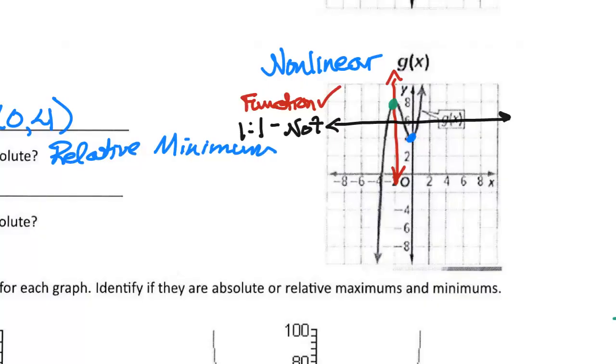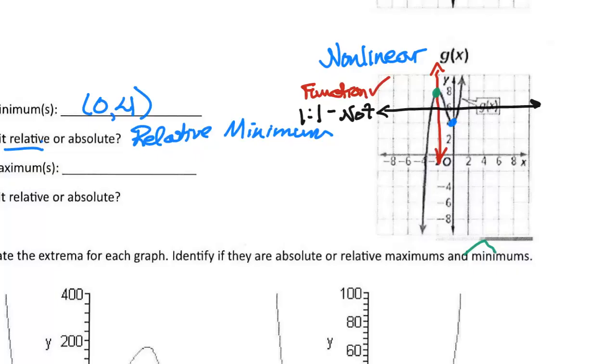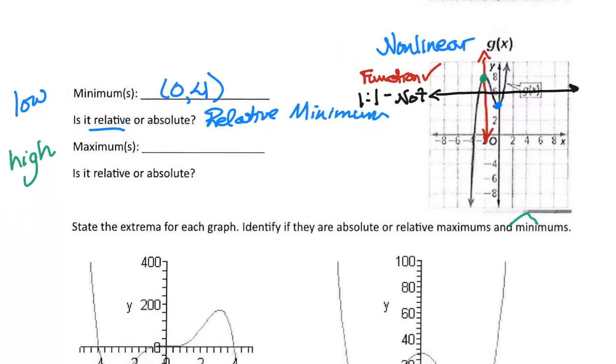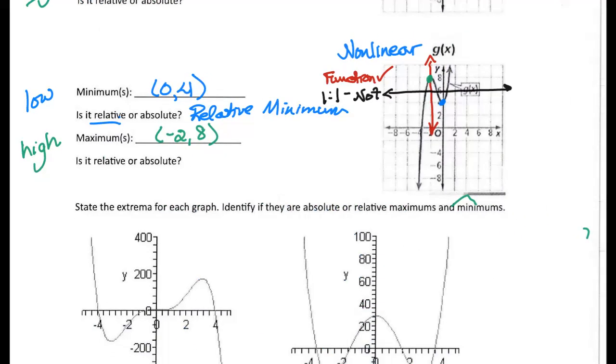Because that point here at this green point is higher than the other two sides on either side of it. Okay? So that point is (-2, 8).